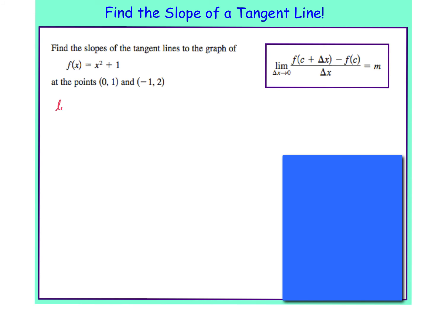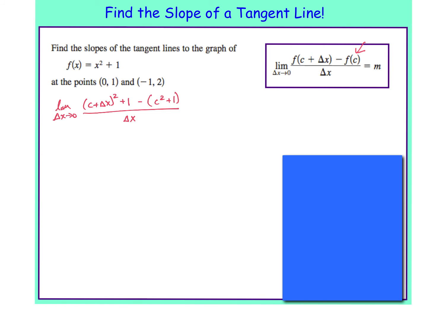Now I have a limit as delta x approaches 0 of c plus delta x, quantity squared, plus 1, and then minus c squared plus 1, all over delta x.